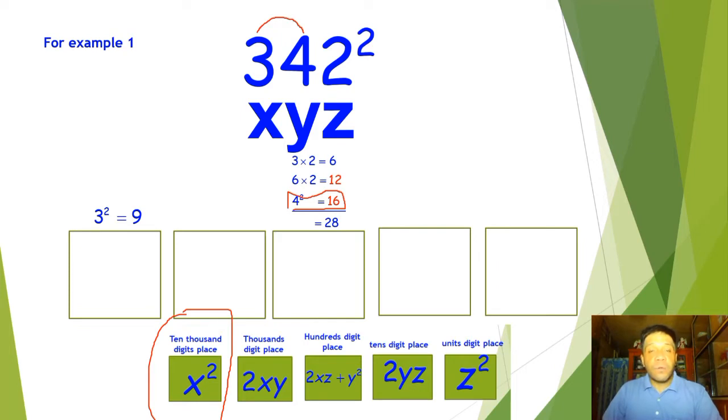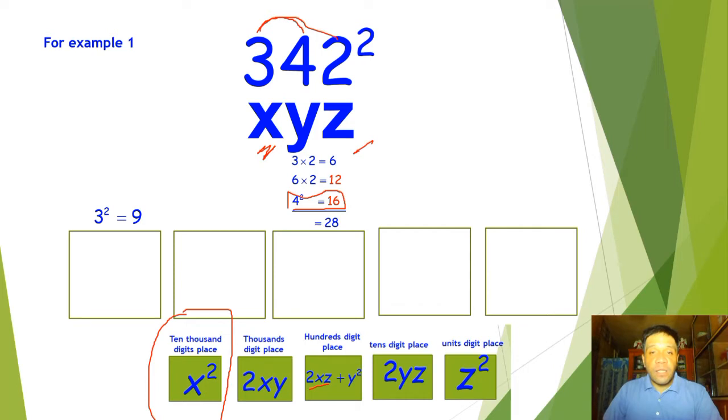That would be wrong. Okay, erratum. So 2xz means twice of x and z, twice the hundreds and the units.